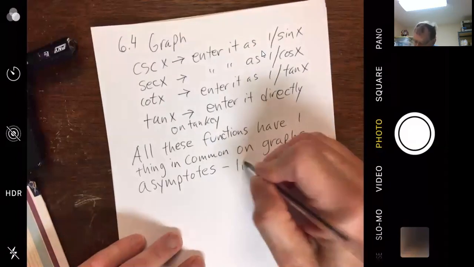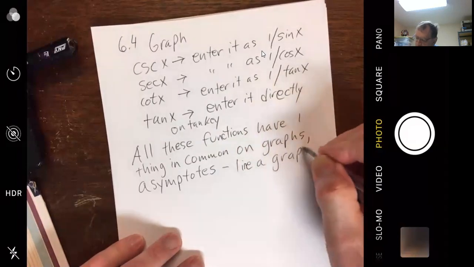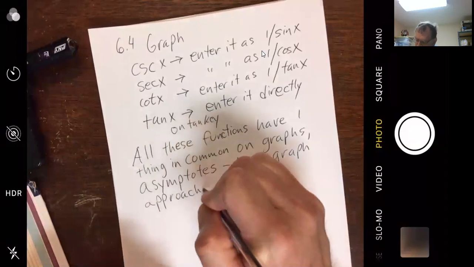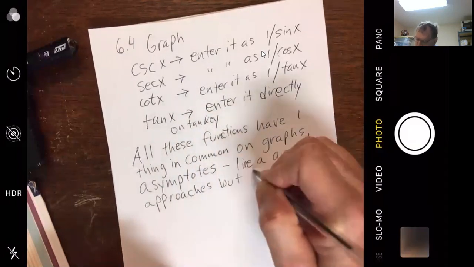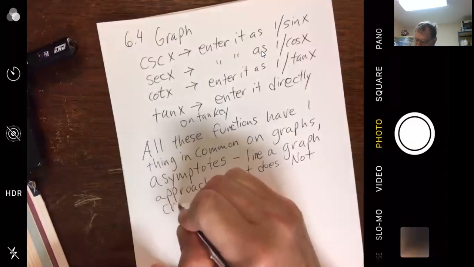Remember, an asymptote is a line a graph approaches but does not cross.